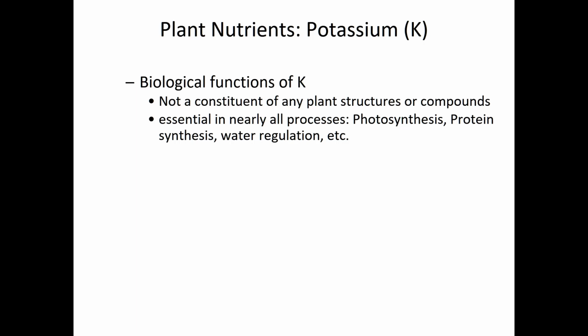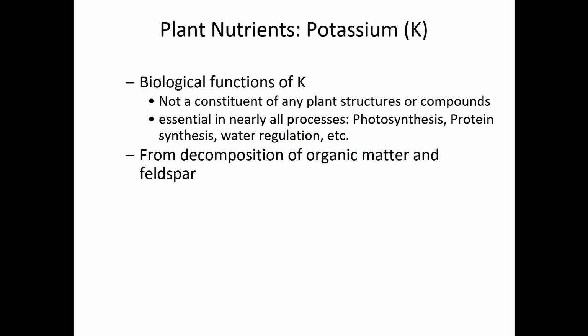So this is an element that might not comprise a real large component of plant tissue. In fact, it's a very small component of plant tissue. But it is used quite a bit for signaling and for plant physiology. And again, it comes from the decomposition of organic matter, and also the breakdown of a particular component of some soils, feldspar. So for everything, that organic layer is incredibly important.